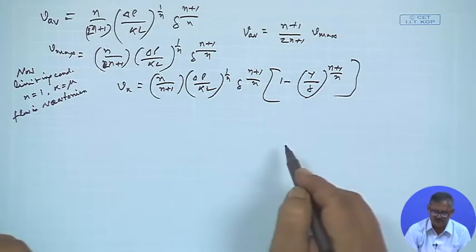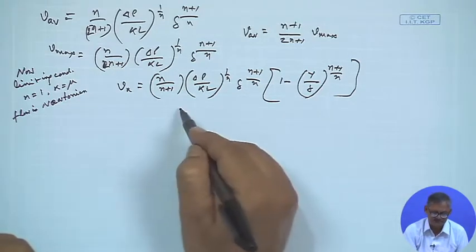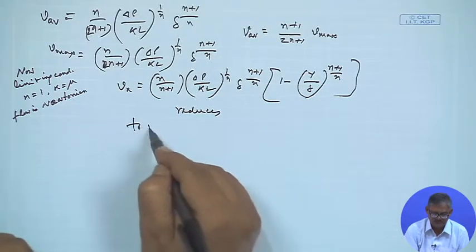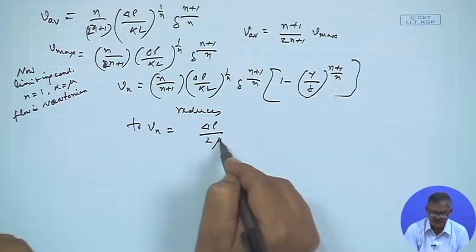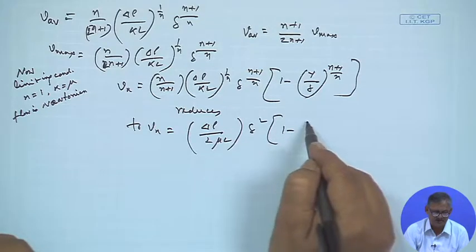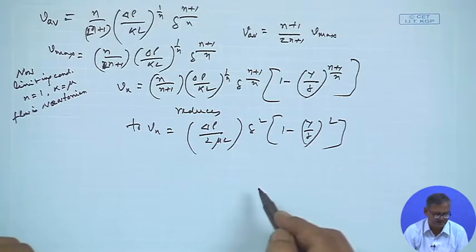This was the general velocity, and this reduces to Vx equals delta p by 2 mu L, del square, into 1 minus (y by del) whole square.